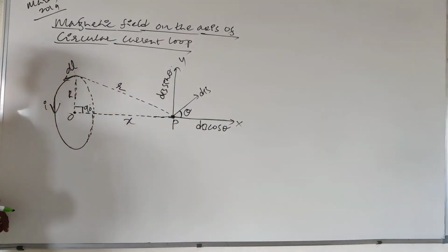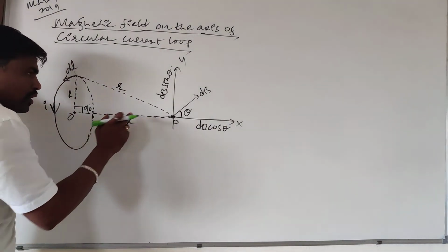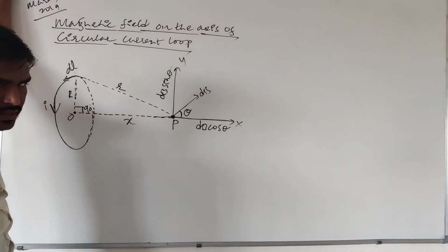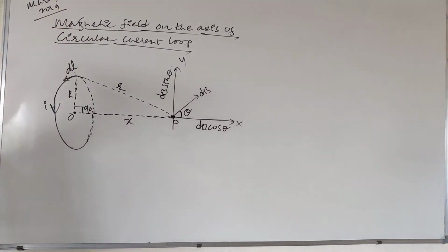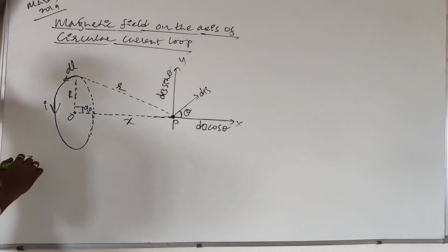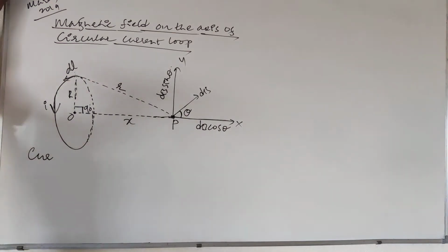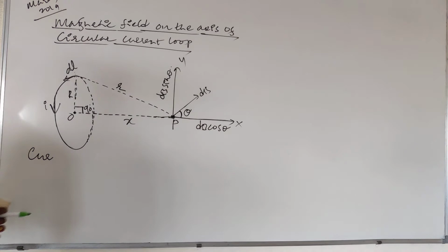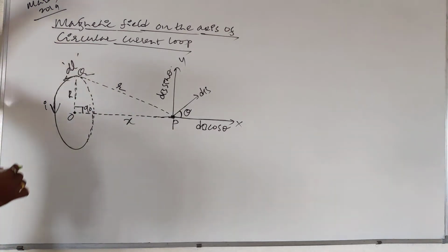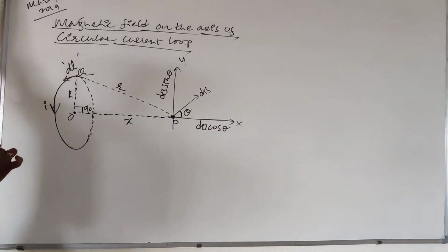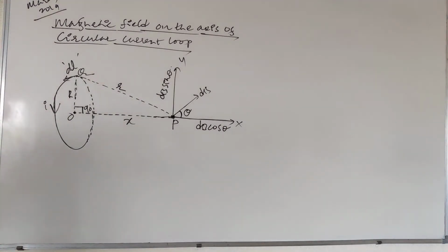Right. So here we know, consider this is point Q. At the Q point we consider a current element dl, right?